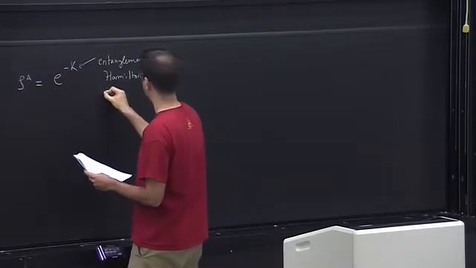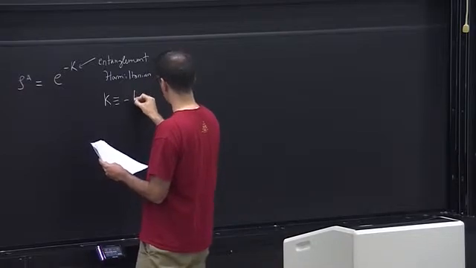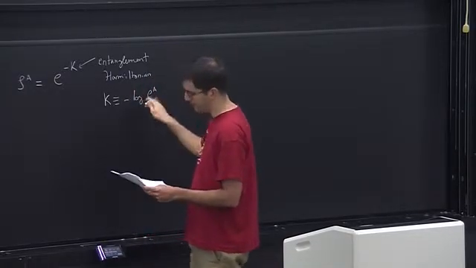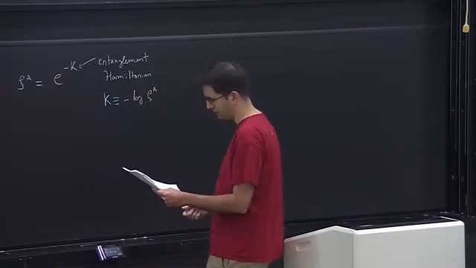Okay, and if you want, no big deal, but the definition is K = minus log of rho A, okay? And the base of the log should be 2 for consistency, but I'm not going to worry about that.